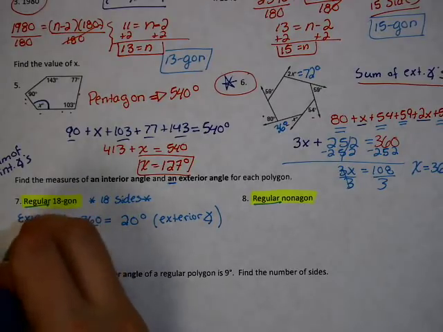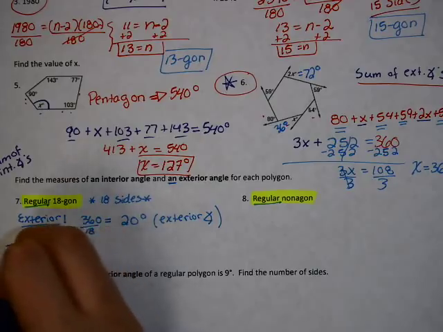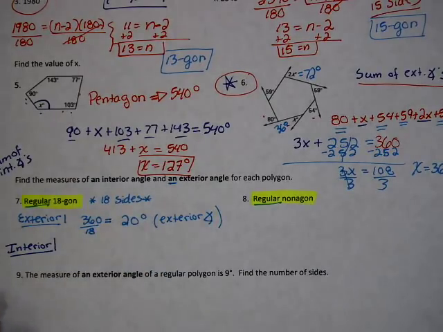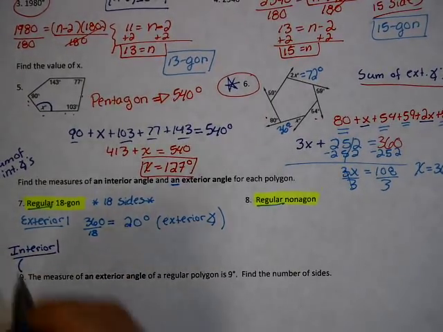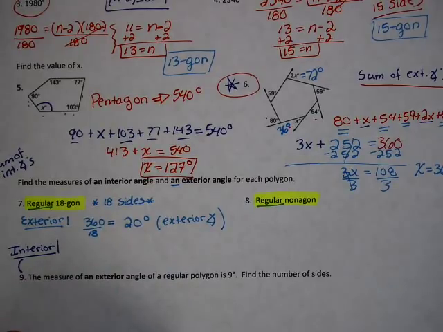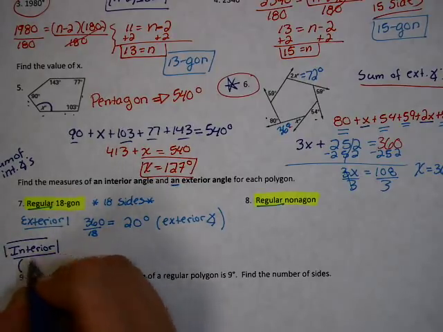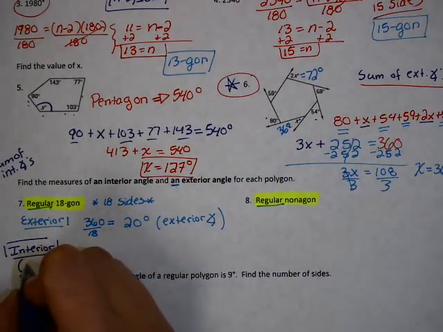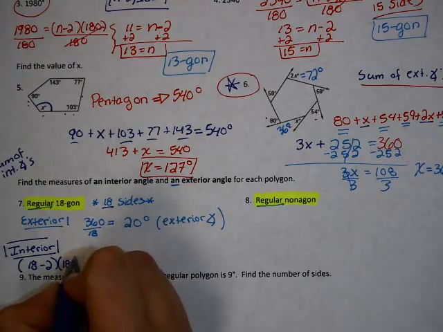Interior angle will be a little bit different because the n minus 2 times 180 is our formula for interior angles. So I'm going to take n minus 2, n is our 18, so 18 sides minus 2, times 180.